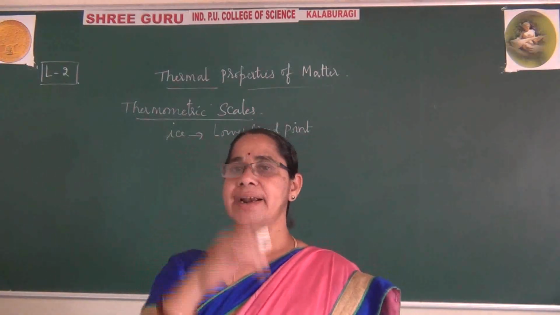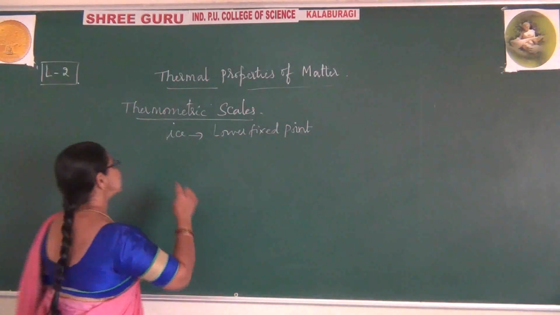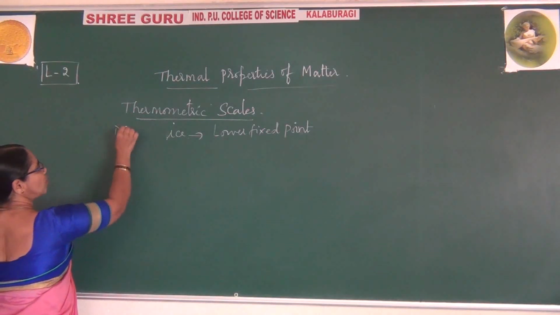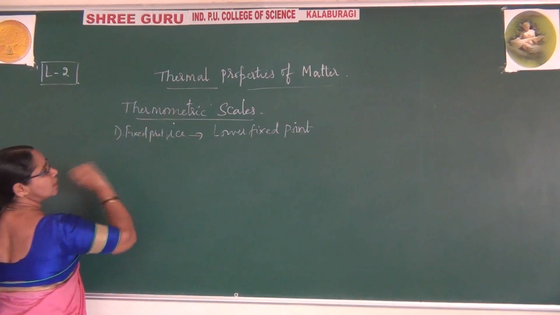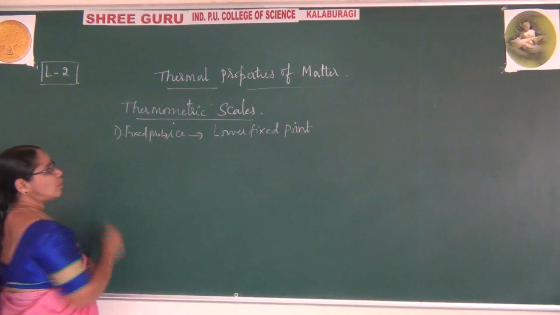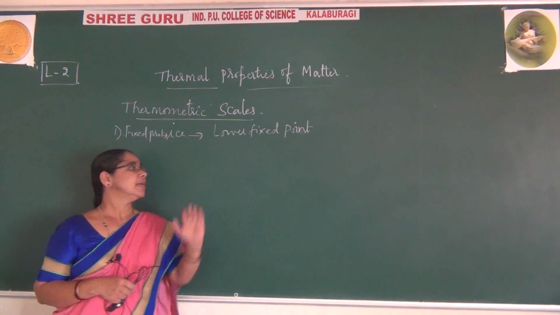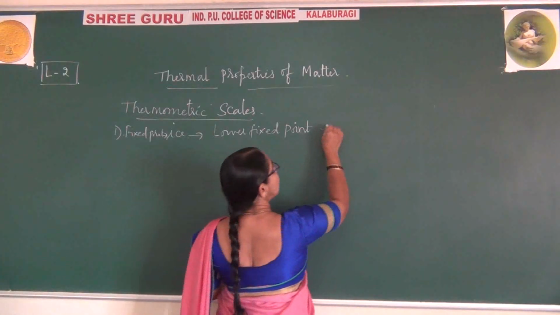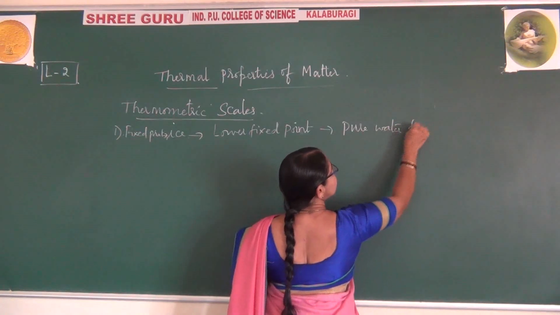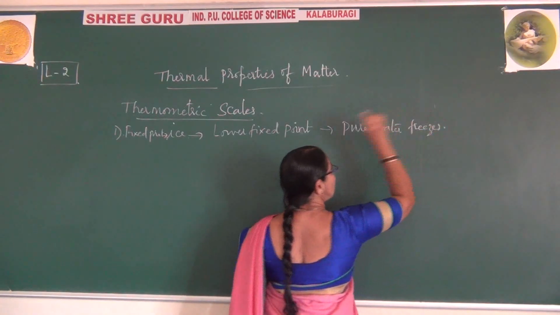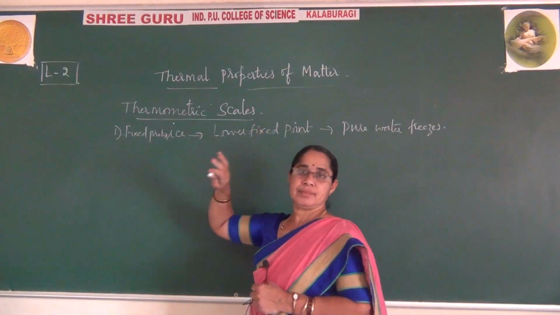Therefore, that is one of the standard points on the scale, the first fixed point. It is pure water whenever it freezes, and that point is taken as the ice point, and the ice point is taken as the lower fixed point.